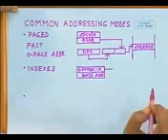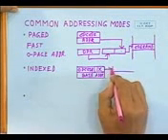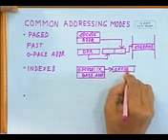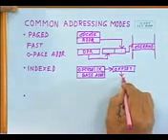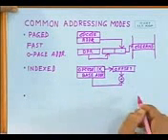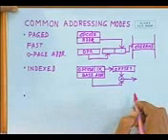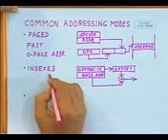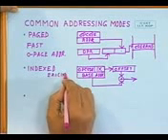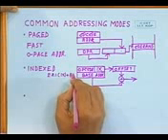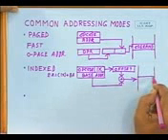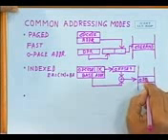Then the content of the index register is added with the base address provided as part of the instruction to generate the effective address. So your effective address is equal to the content of the index register plus the base address, and this is used to refer to a memory location where your operand is stored.